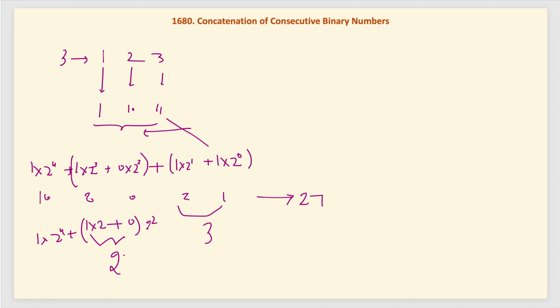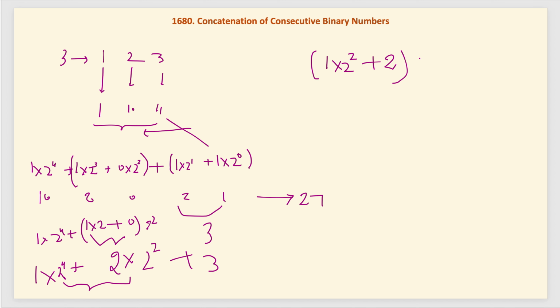So 2 times 2 raised to the power 2 plus 3, the number itself, and plus here 1 times 2 raised to the power 4. Then we can again take the common 2 raised to the power 2 in these two. So we can write over here 1 times 2 raised to the power 2 plus 2 times 2 raised to the power 2, and plus the last number 3.